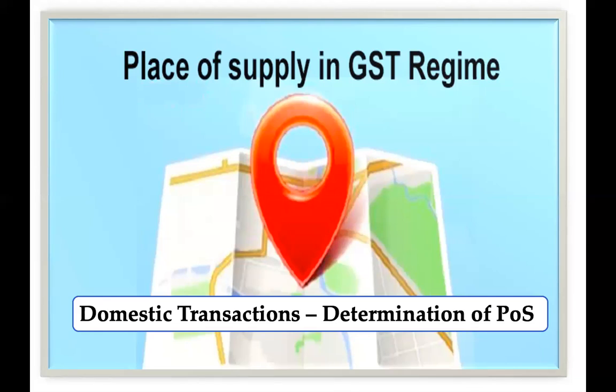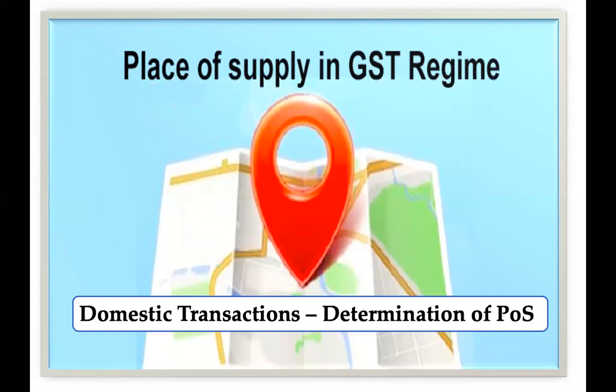In fact, at a later point in time, when we discuss documentation under GST, be it tax invoice, credit note, receipt voucher, payment voucher, or self-tax invoice, in every document, place of supply is an important field. I'll rephrase it: place of supply is a mandatory field that has to be mentioned. To that extent, this topic becomes important.